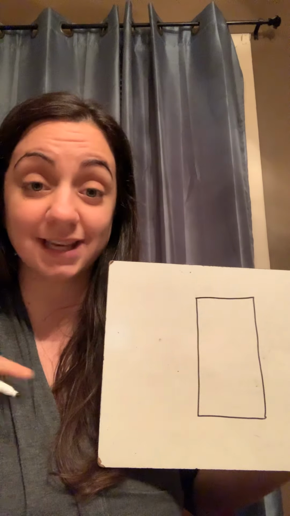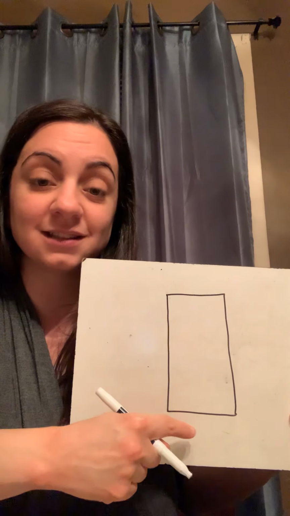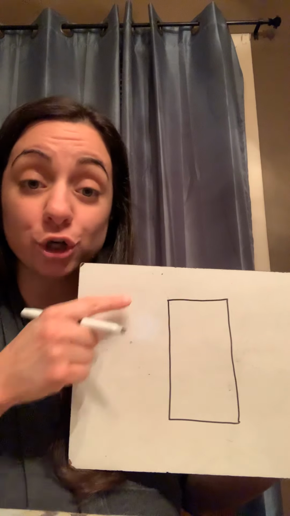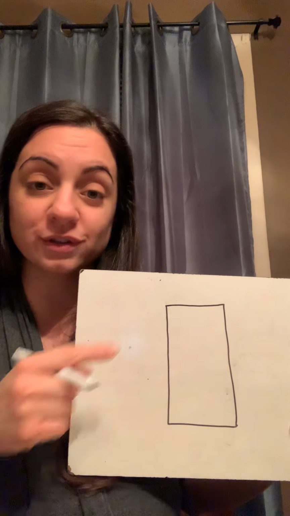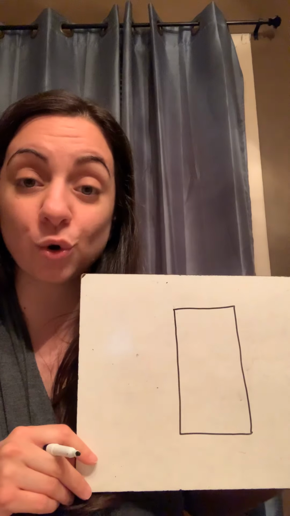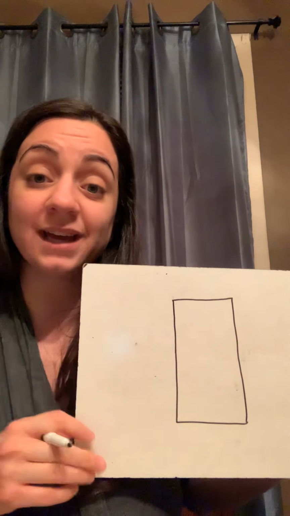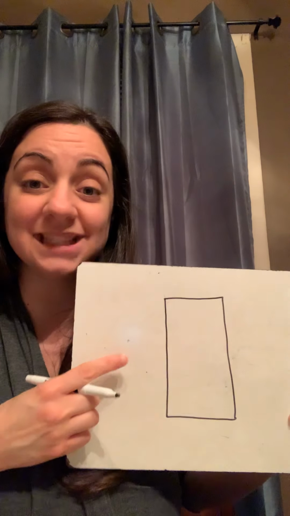I know it's a rectangle because it has 4 sides. The sides are straight lines. I see that it has 4 corners. 1, 2, 3, 4. And the 4 corners are right angles. I also notice that all the sides are closed. That means this is a rectangle. Let's try another one.